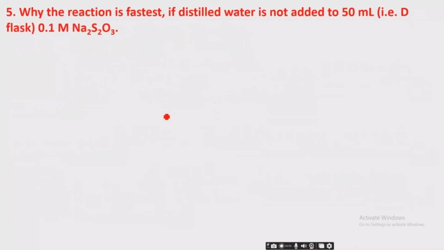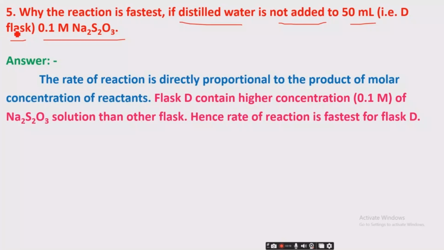So next, why is the reaction fastest if distilled water is not added to flask D, that is 50 ml of 0.1 molar sodium thiosulfate solution? So here is the answer. We know that the rate of reaction is directly proportional to the product of molar concentration of the reactant.